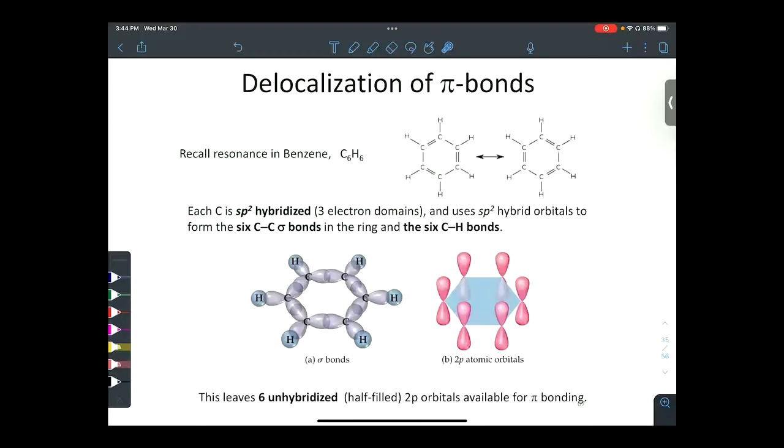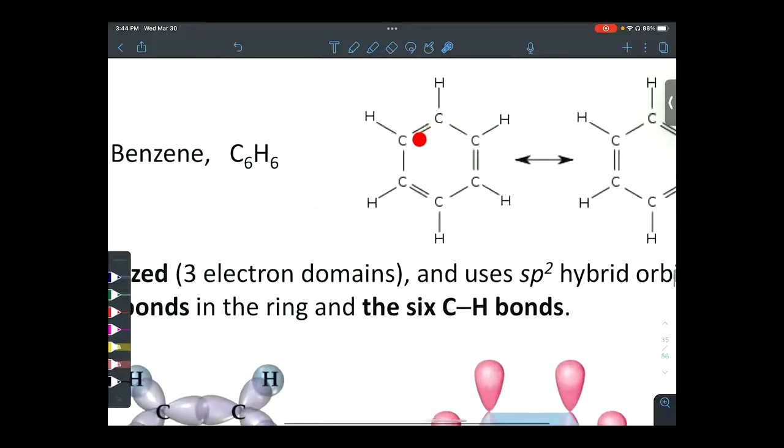If we look at benzene, benzene has alternating double and single bonds. Right here, that's a double bond. There's a sigma interaction and a pi interaction. But if we look at each of these carbons separately, each of those carbons is what hybridization? They're all identical: sp2. The sp2 hybrid orbitals are making the sigma network. Each carbon has how many unhybridized p orbitals? One, because they're sp2 hybridized.